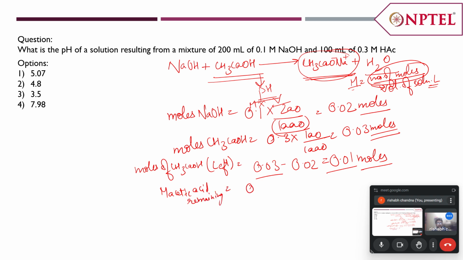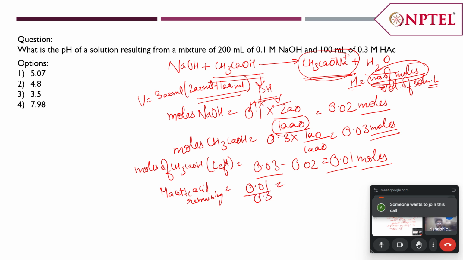So this would be 0.01, and the total volume of solution now will become 300 ml, because 200 ml was NaOH and 100 ml was acetic acid. So now the total volume would be 300 ml, that is 0.3 liters. So the molarity of the remaining acetic acid would be 0.033 molar, and then we'll see the moles of sodium acetate formed.